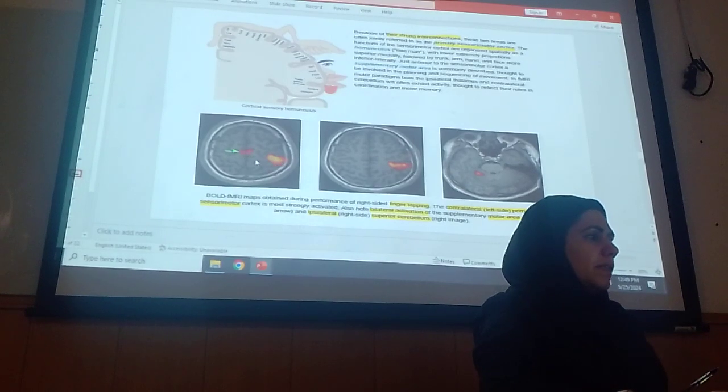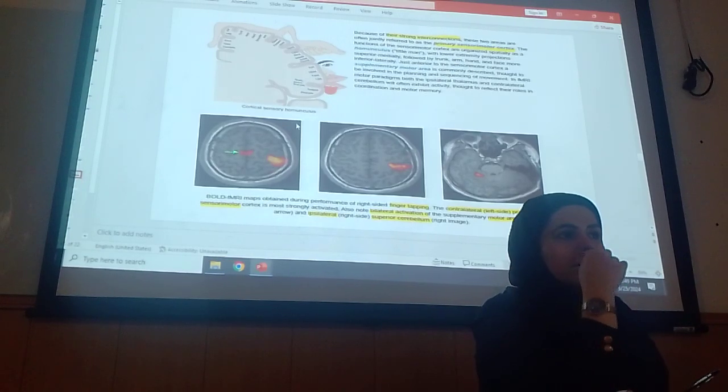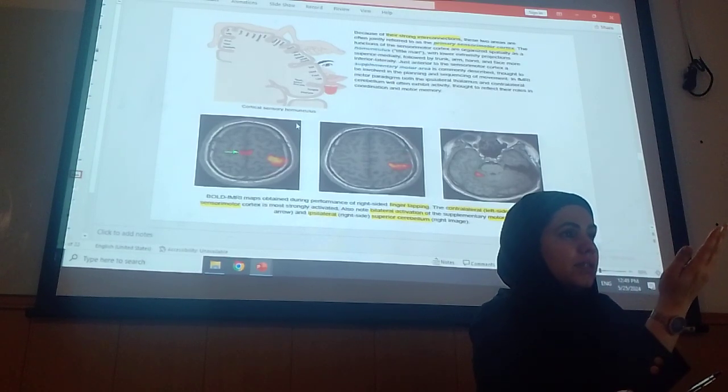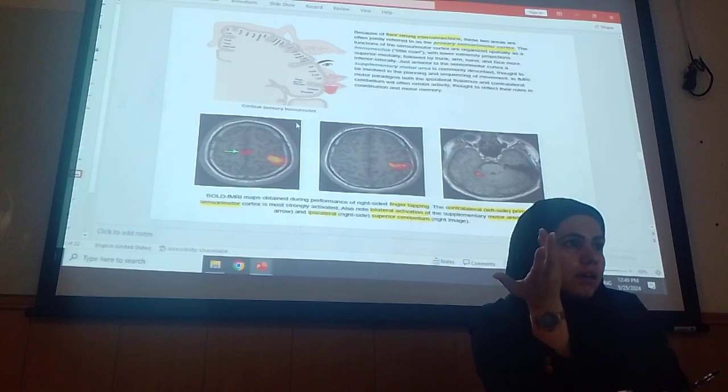Different areas of the brain involved in this task are activated, and you can see on the image the activated area of the brain.